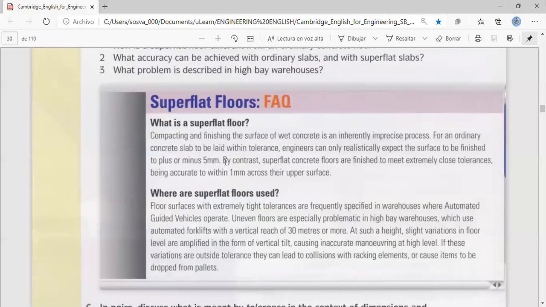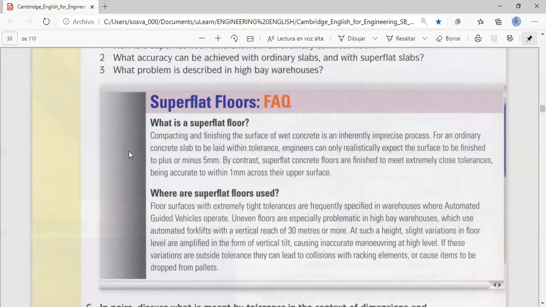I'm going to read the first paragraph, the first question in this text, and then I want you to help me read the second question and the second paragraph. So it says, super flat floors. What is a super flat floor? We might be asking. Compacting and finishing the surface of wet concrete is an inherently imprecise process.